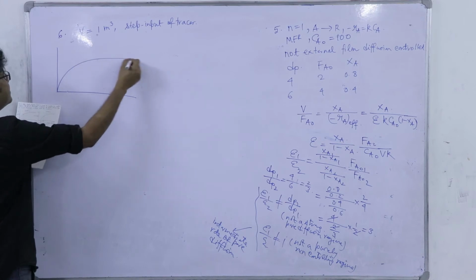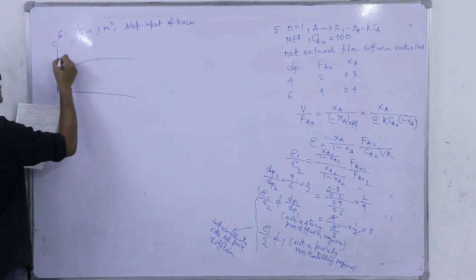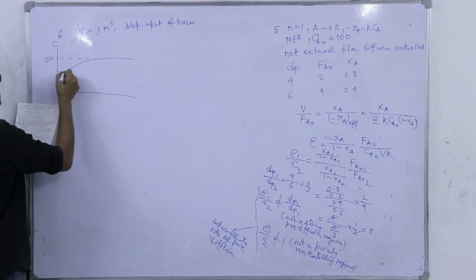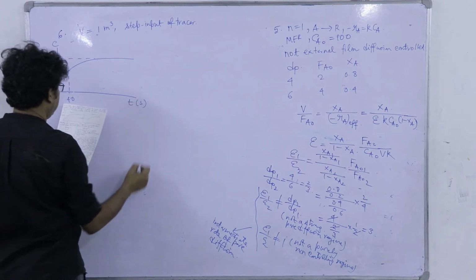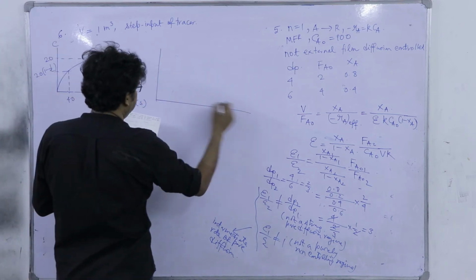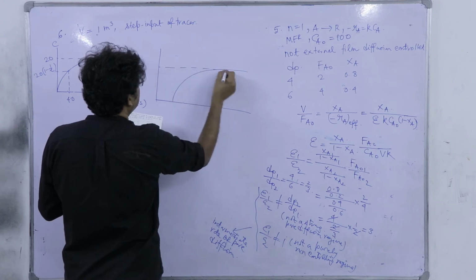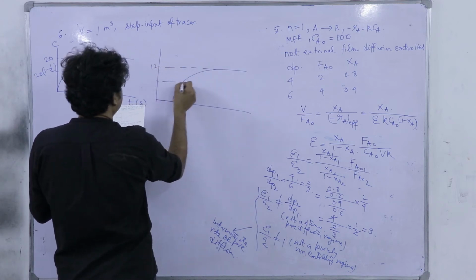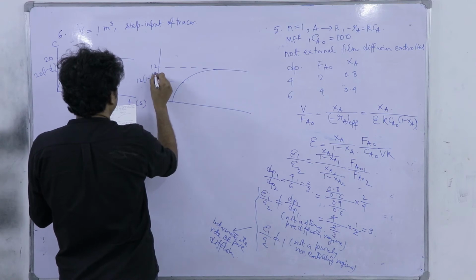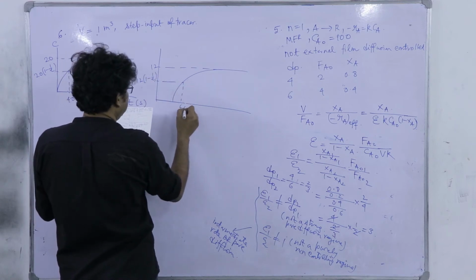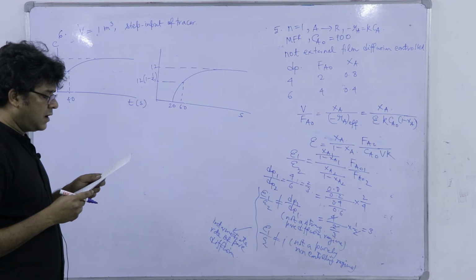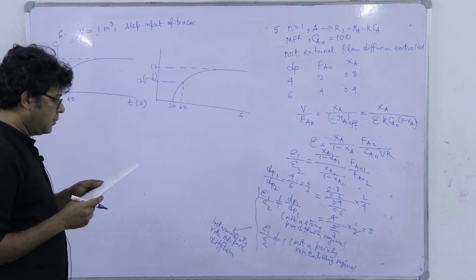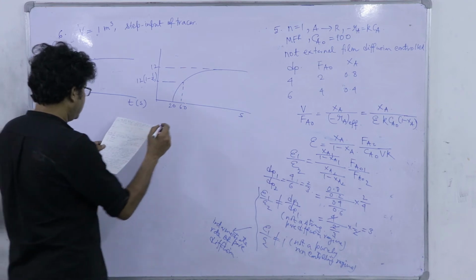This one, this is C, 20 into 1 minus 1 by E, this is equal to 40, and that's time in second. And here we have curve 2, 12 into 1 minus 1 by E, that is 60, this is 20, that's in second. Identify for each curve in group 1 a suitable flow model from the list given in group 2. What is given?